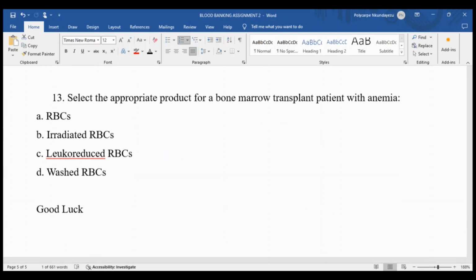And select the appropriate products for bone marrow transplant patients with anemia. Bone marrow transplant patients with anemia. Yes, which one is good for bone marrow transplant patients? Why is it irradiated RBC? Why don't we choose leukocyte reduced RBC or washed RBC?